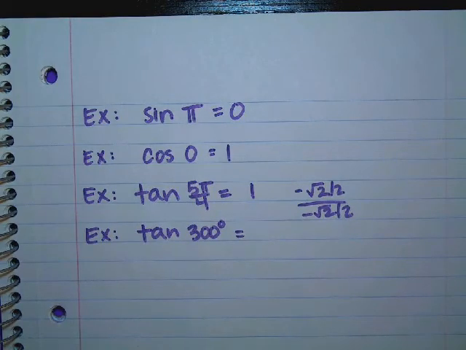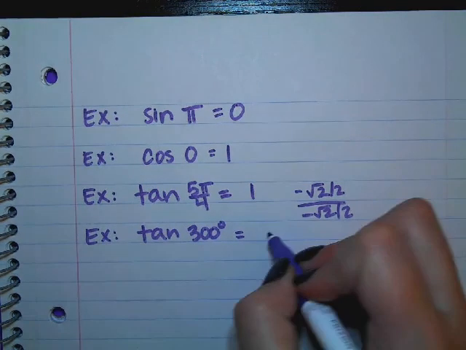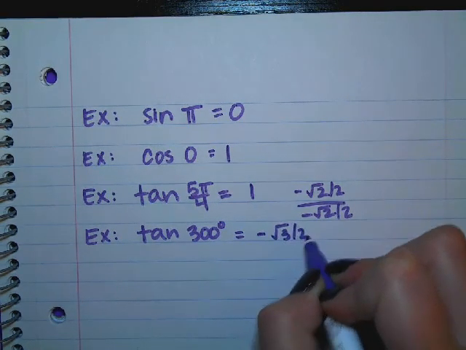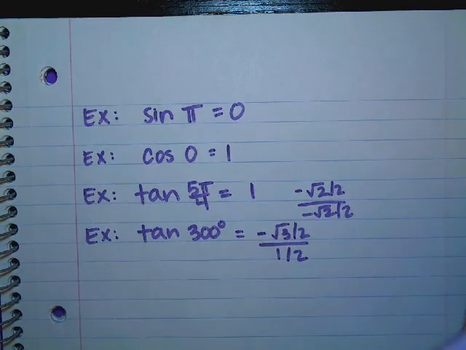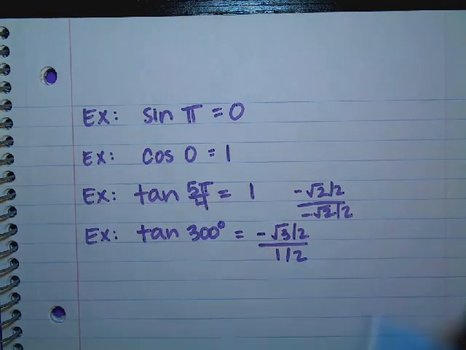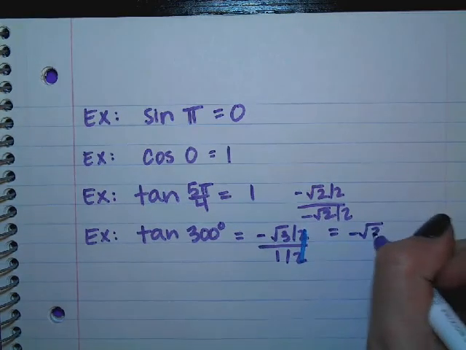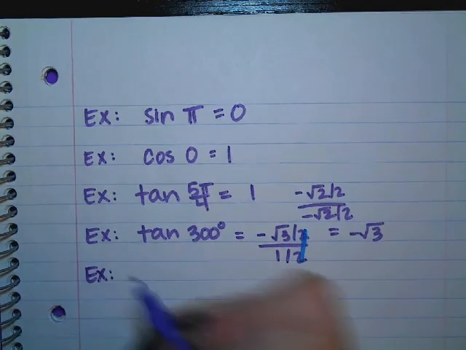Oh my goodness, we're doing y divided by x. I got the answer. And so what do you get? Negative root 3.